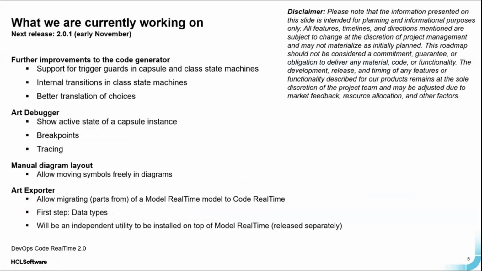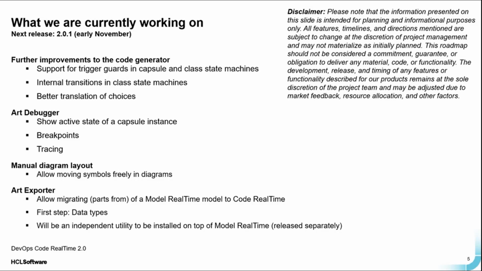So I'd also like to give you a brief intro of what we are currently working on, and not all of this may go into the next release, which is 2.01, planned for early November, but these are all areas that we are working on, and some of that will be available in 2.01. We'll continue to work on the code generator to fill gaps, and one gap is the support for trigger guards in capsule and class state machines.